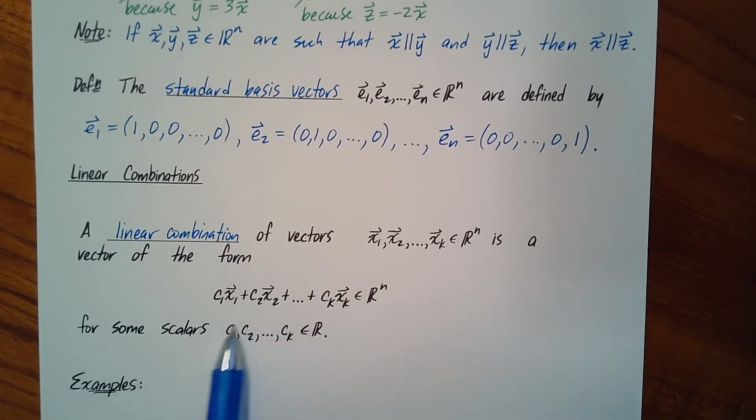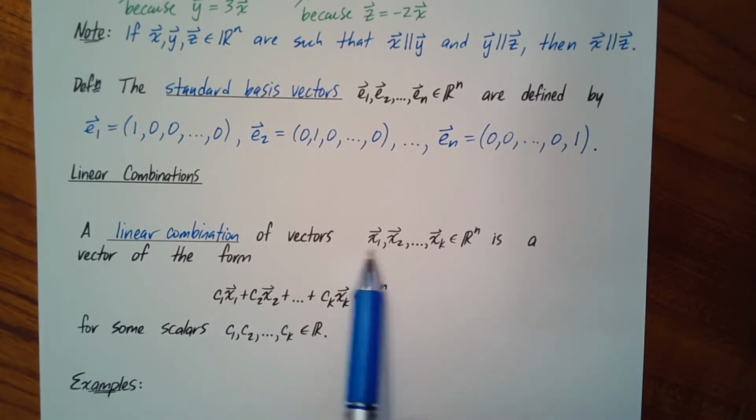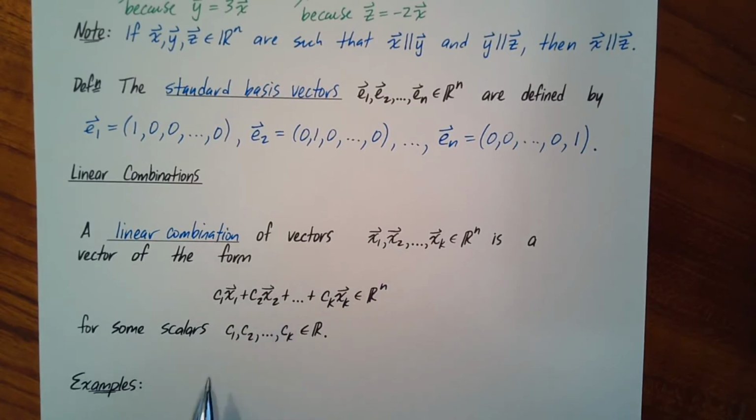So this list of scalars is just there to ensure that each one of these vectors, x1, x2, all the way up to xk, has its own scalar. They can be multiplied by any scalar at all, and then they get added together. So you've got a scalar times the first vector plus a scalar times the second vector, all the way to the very last term here, which is just any scalar times the very last vector.